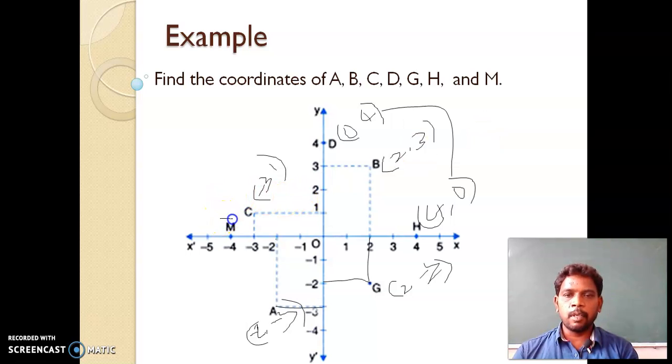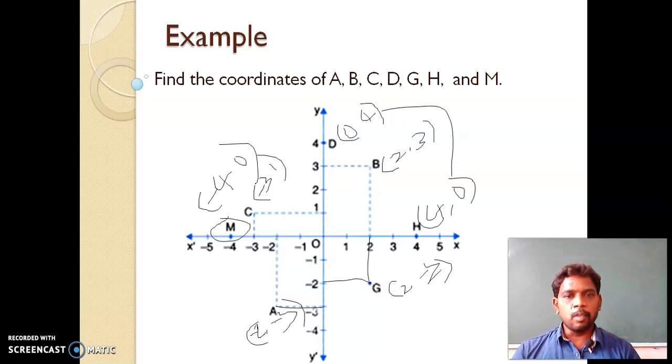So M is here, okay? So M lies on the x-axis, therefore the y value is definitely 0 and the x value is minus 4. So minus 4 comma 0, because the point lies on the x-axis. So those points that lie on an axis, one of the values will be 0.